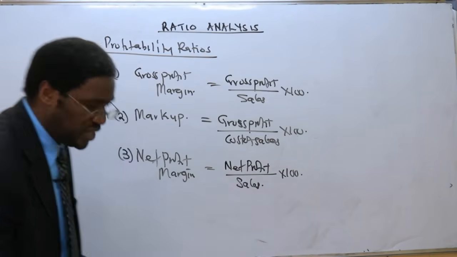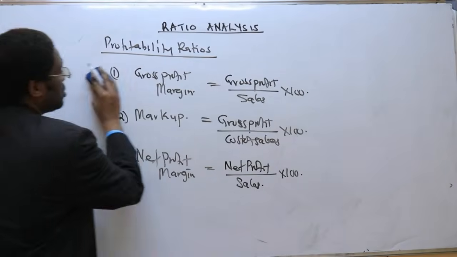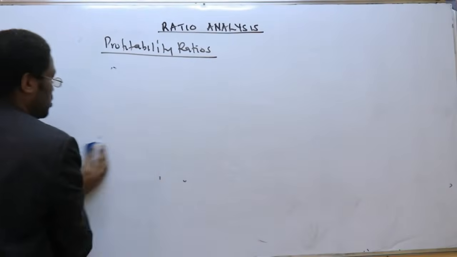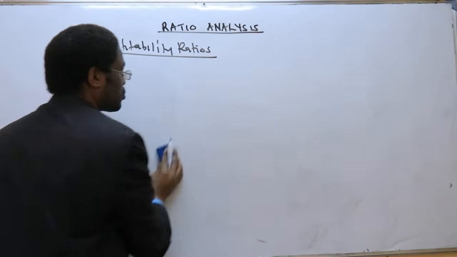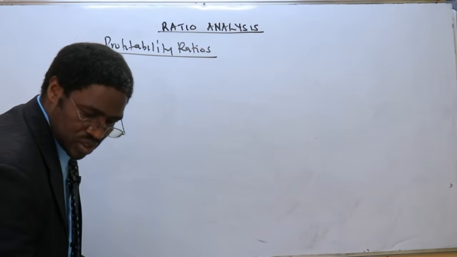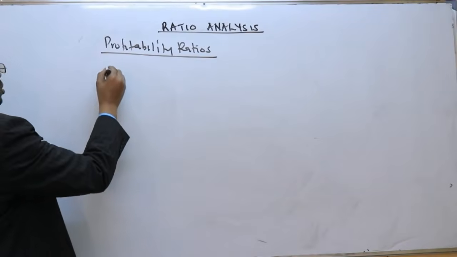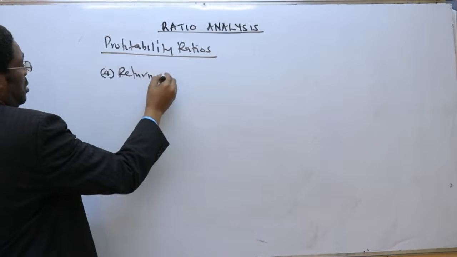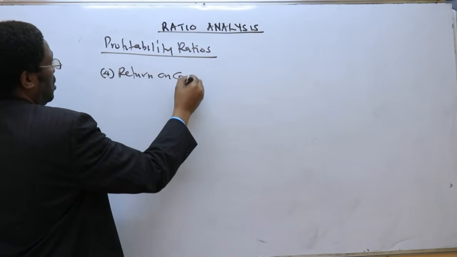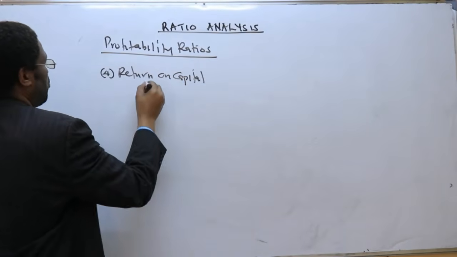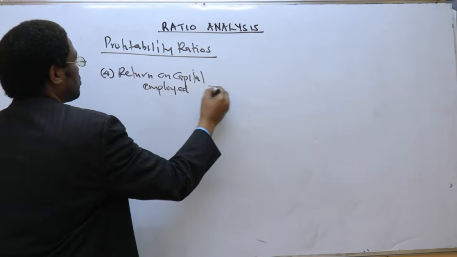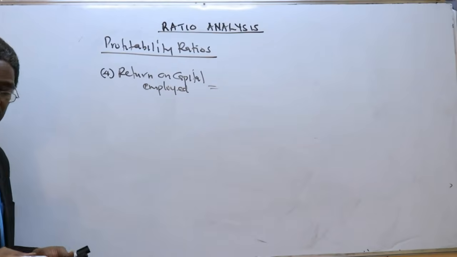Then we go to the next one, number 4 now, still under profitability. Our fourth ratio is what we call return on capital employed. How shall we be getting it?